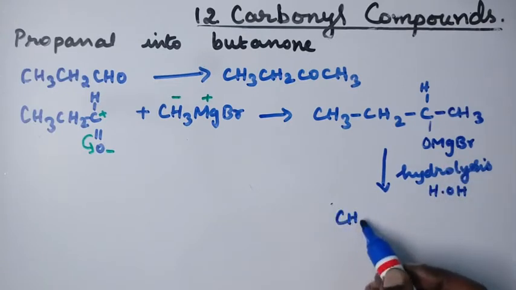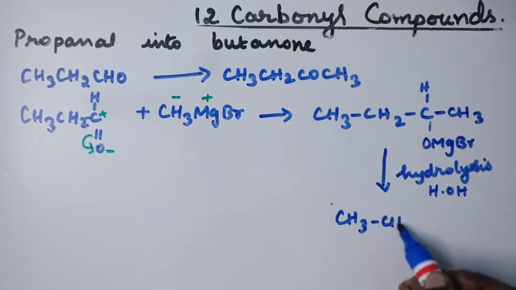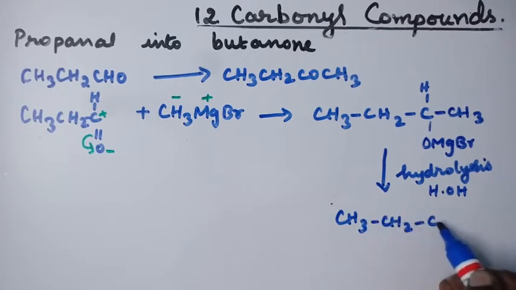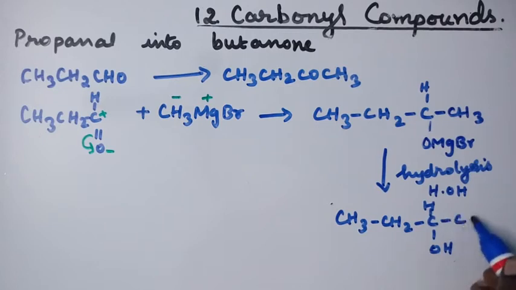So it is CH3CH2CH, already one hydrogen is here, and with this oxygen, hydrogen from water comes and makes a bond. So this is the compound formed, and the name of the compound is butanol. Since OH is here, it is 4 carbon atoms and it is butanol.